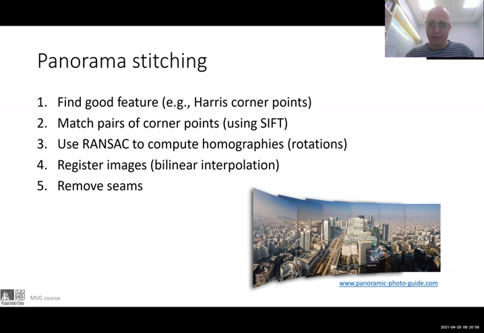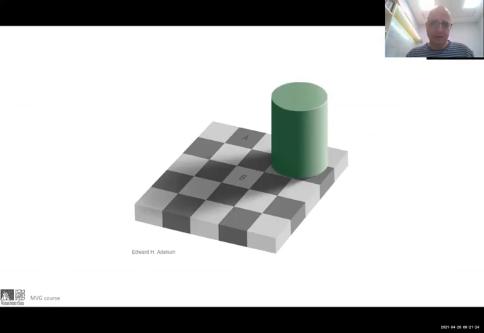We will look for the best homography that puts, let's say, the left image on top of the image to the right. I want the pixels in one image to exactly fit the pixels in the other image. Of course, that's not always possible; we will discuss this. That's called image registration.